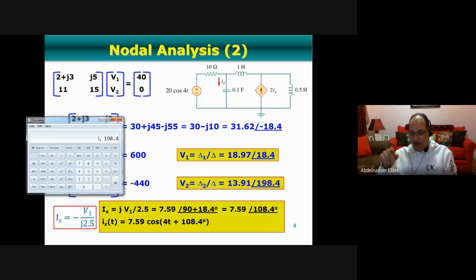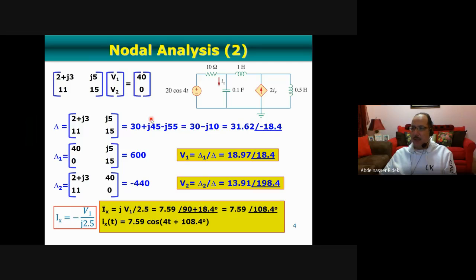You can say it is 198.4, or 198.4 minus 360. For example, 300 degrees is negative 60. It is the same. 300 degrees is the same as negative 60.